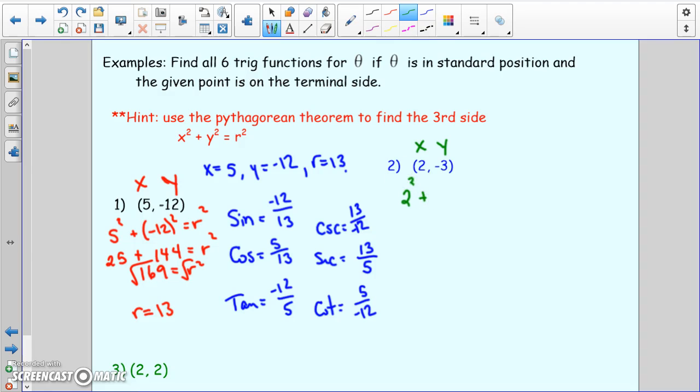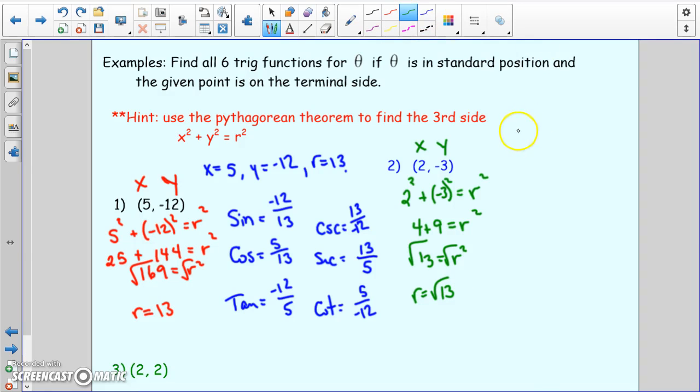So it becomes 2 squared plus negative 3 squared equals r squared. 2 squared is 4. Negative 3 squared is a positive 9 equals r squared. We add them together. And then we take the square root. So r is going to be the square root of 13.